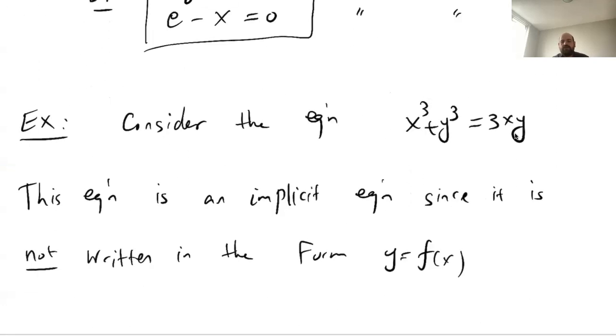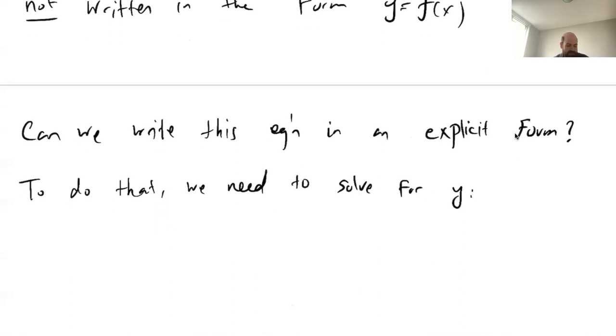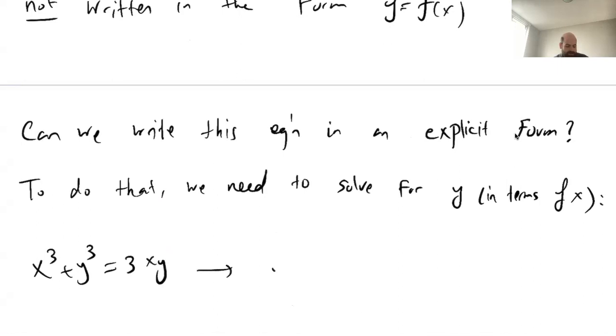So we need to find y in terms of x. So what is the equation right now? It's x cubed plus y cubed equals 3xy. If I take everything to one side, y cubed minus 3xy plus x cubed equals 0.